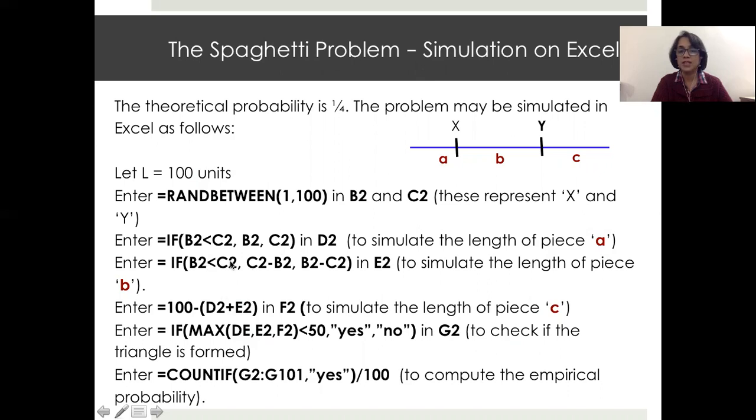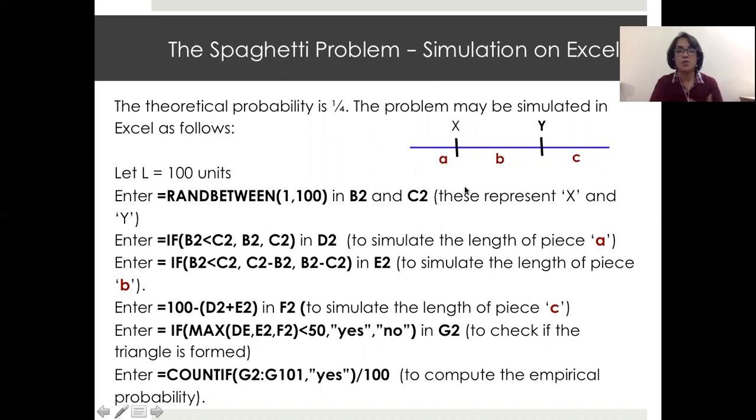So we will use a series of conditional statements to simulate the lengths A, B, and finally C will be 100 minus the sum of A plus B.